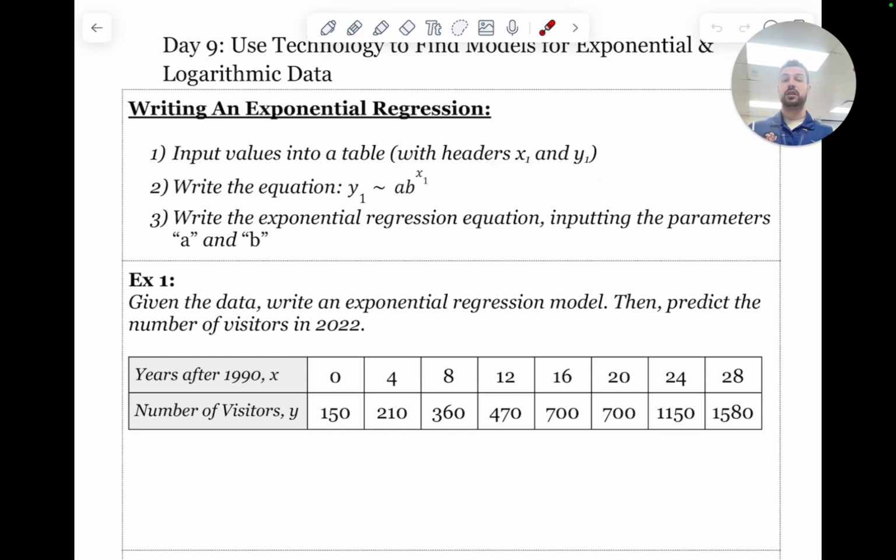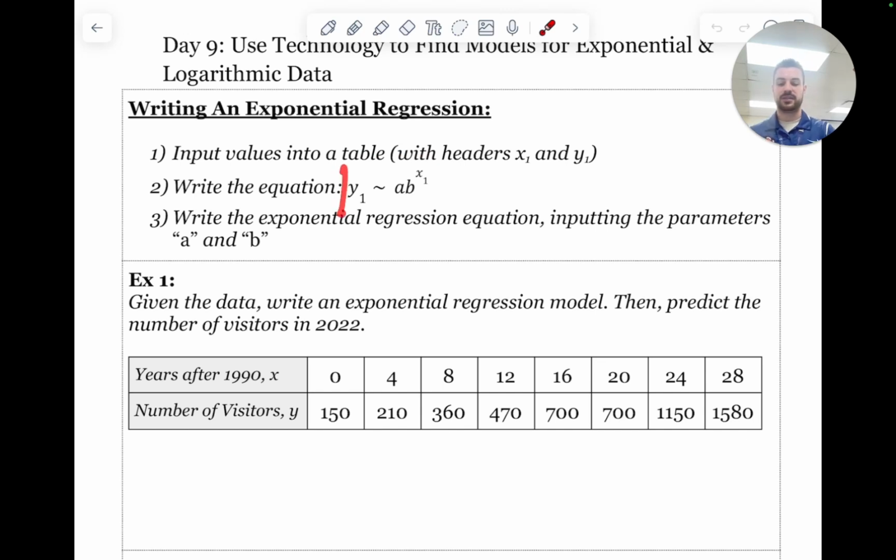The next thing you're going to want to do is notice that the headers of your table are going to be the x1 column and the y1 column. So we are going to write in a separate line underneath there, y1 tilde a times b to the x1 power.